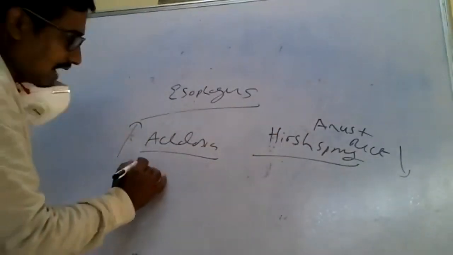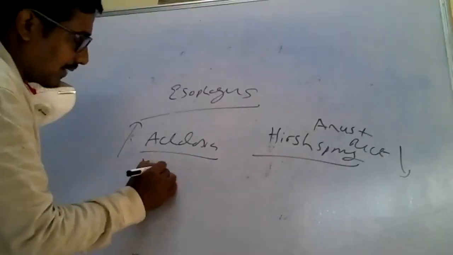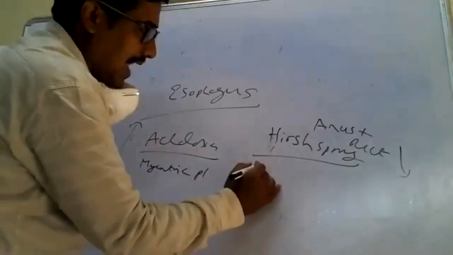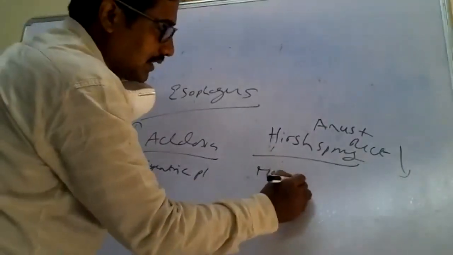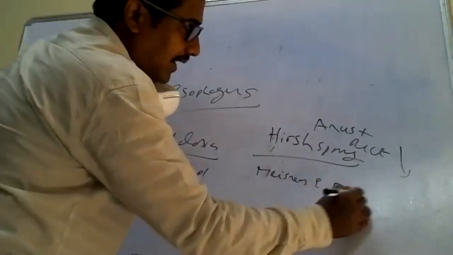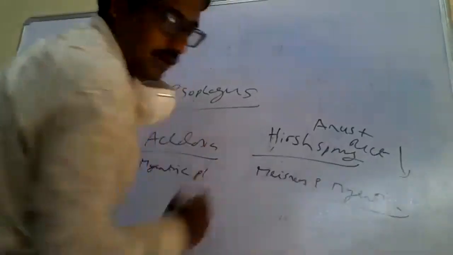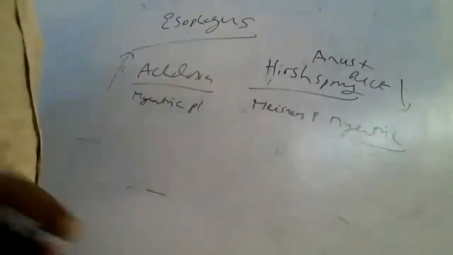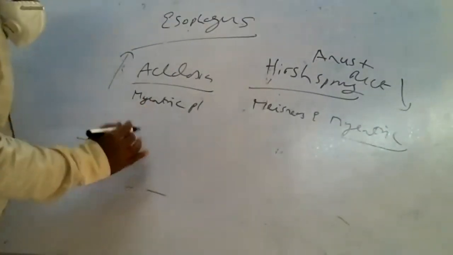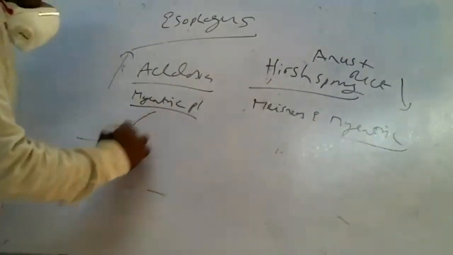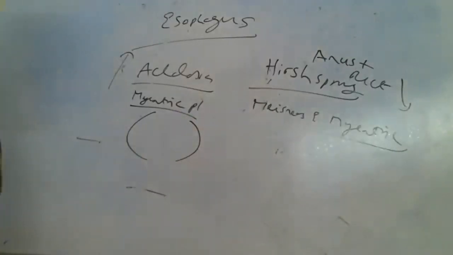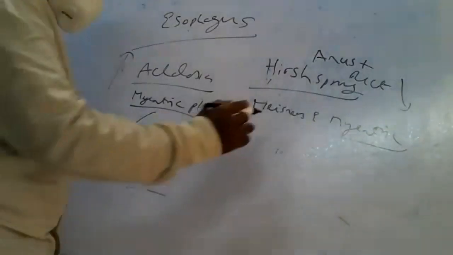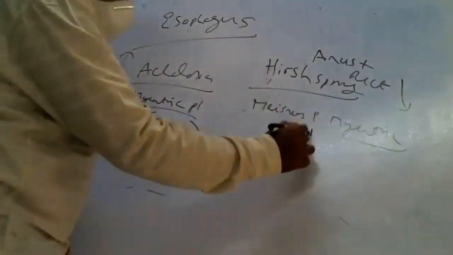In achalasia cardia, we have absence of the myenteric plexus, whereas in Hirschsprung disease, there is absence of both Meissner's and myenteric plexus. In achalasia cardia, the segment which does not have myenteric plexus is dilated, whereas in Hirschsprung disease, the segment which does not have both plexuses is contracted.